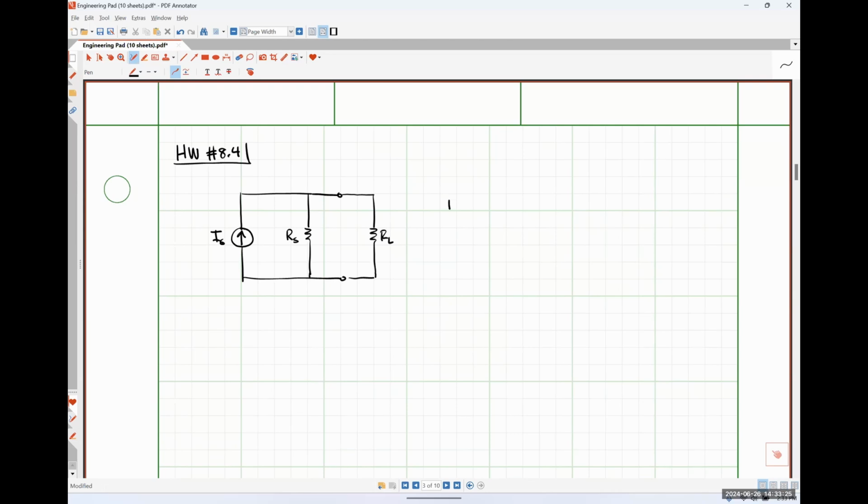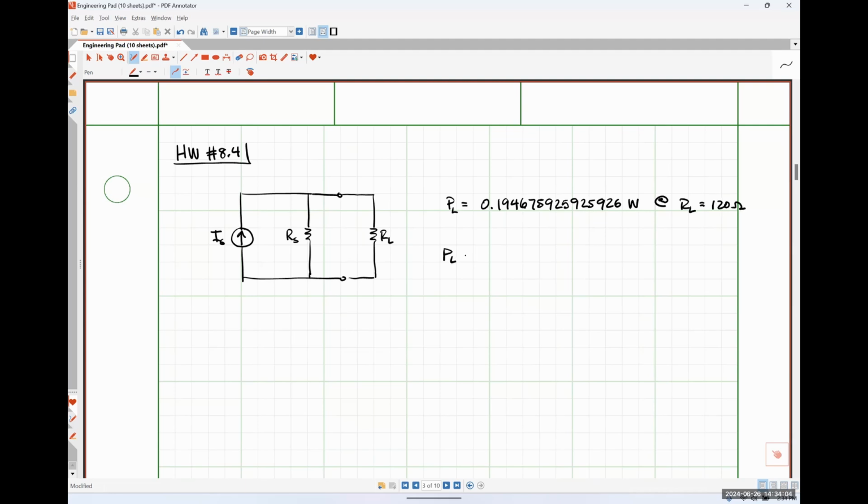And we are told that the power absorbed by our load is 0.194675925926 watts when RL is equal to 120 ohms.